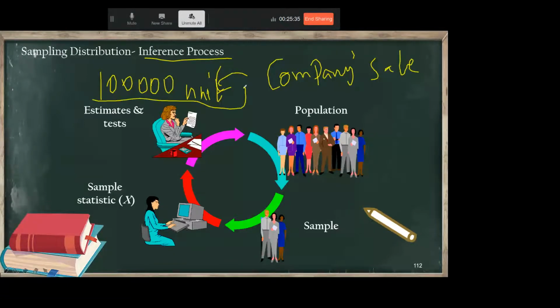For example, I sold 100,000 units, and on this day, in the morning session, in the first 2 hours I sold maybe 500 pens to you, and from these 500, 3 students came back.